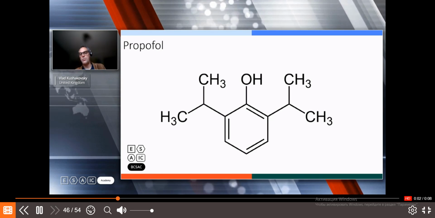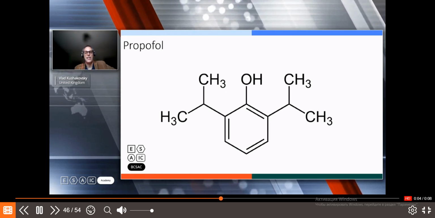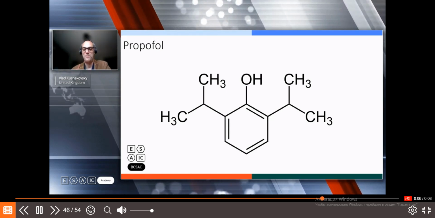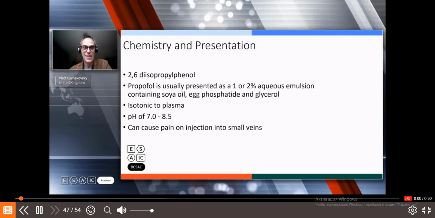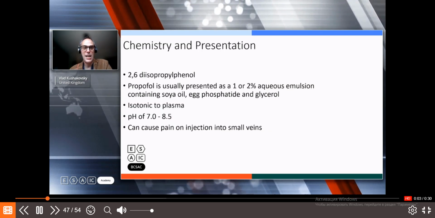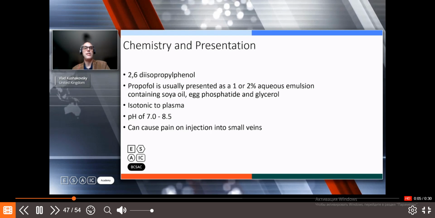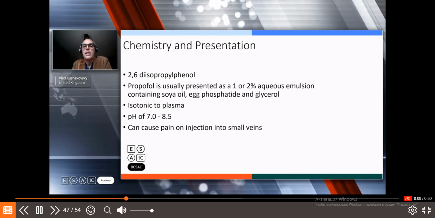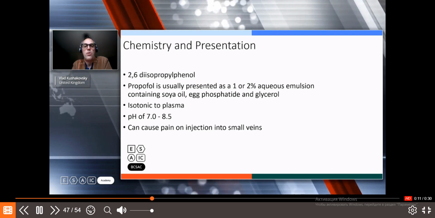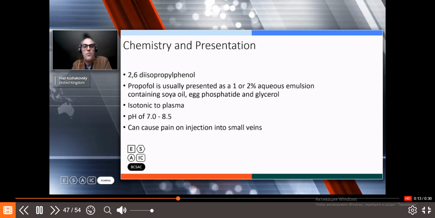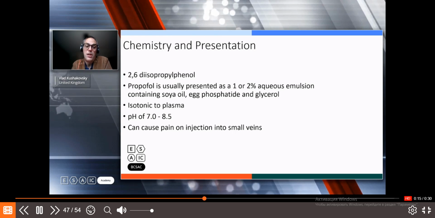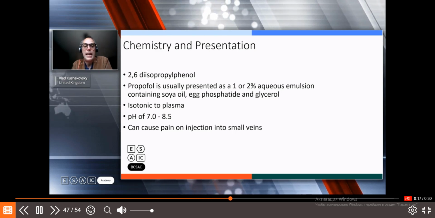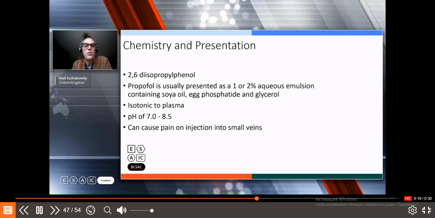And the last one that we need to discuss is the old staple, propofol. So propofol is 2,6-diisopropylphenol. It is usually presented as a 1 or 2% aqueous emulsion containing soy oil, egg phosphatide, and glycerol. It is isotonic to plasma in this presentation and has a pH which is close to neutral.